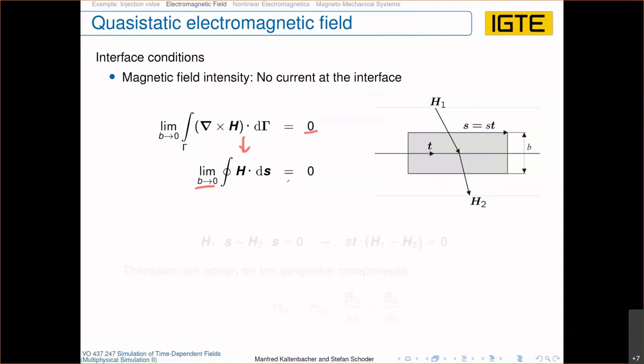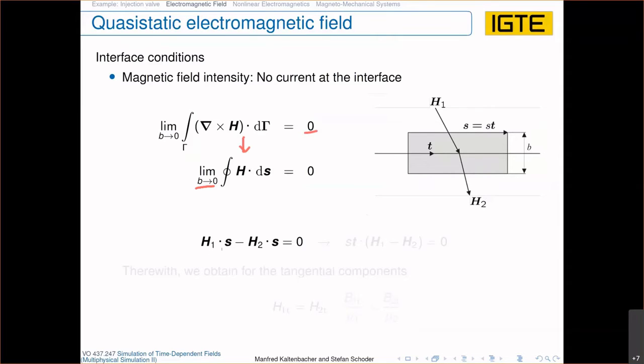it is nothing else in this case than that, when this box is very small and we go towards the interface, we can say that the H1 and H2 components are constant.